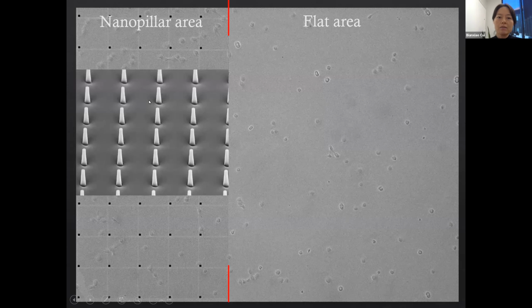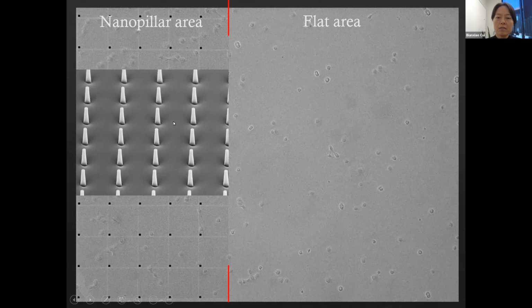On the nanopillar area, we use electron beam lithography to first create metal masks. Where there's a mask, when we do the reactive ion etching step, the material cannot be etched away, and in all the rest of the places the material is etched away. The end result is that it creates these vertical nanopillars. On this substrate, the nanopillars are made of silicon dioxide.